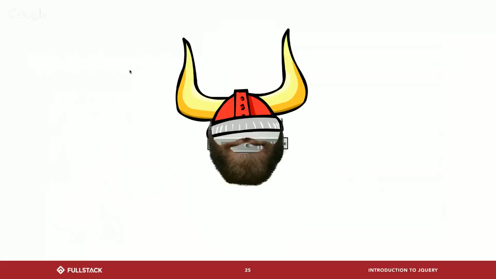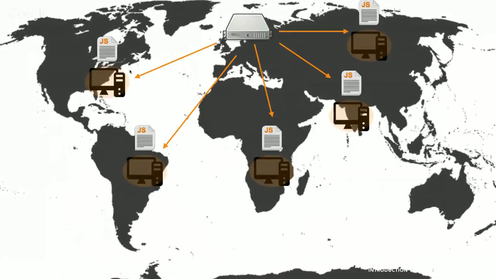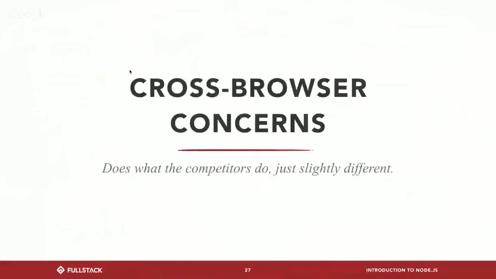So we've got this server that's sitting there in Norway. We've got all these requests coming from all over the world where people end up making these requests. And what you have is issues that come up where you can control your environment on the server, right?